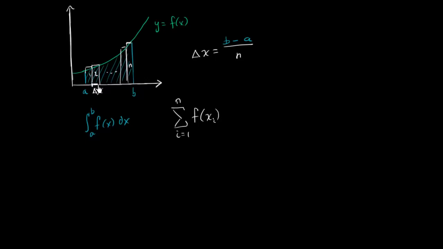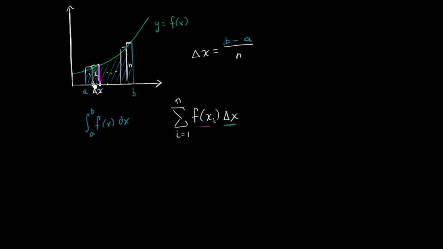That could be x sub 1, x sub 2, x sub 3, and so on. And you're multiplying that times your delta x. So f of x sub 2 is that height right there. You multiply it times delta x, you get the area.